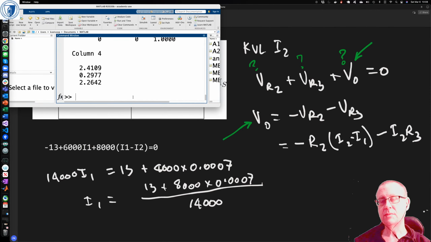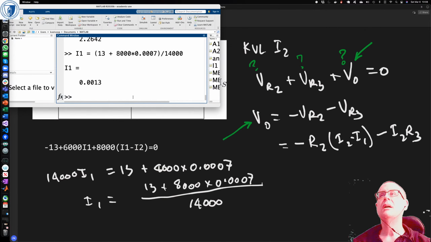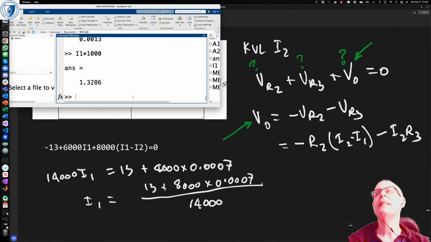And so I1 equals 13 plus 8,000 times 0.0007 divided by 14,000. And I'm just going to multiply that by 1,000 so I can see more significant figures. I should be able to, should I format long?